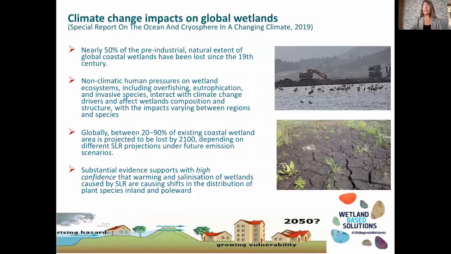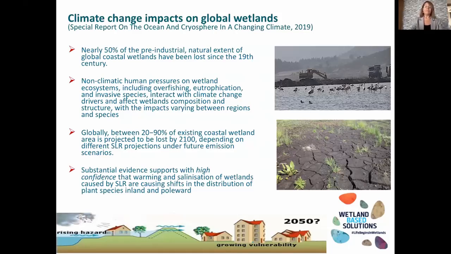Qu'en est-il des impacts du changement climatique sur les zones humides? Toujours d'après ce rapport spécial sur l'océan et la cryosphère, près de 50% de l'étendue naturelle pré-industrielle des zones humides côtières mondiales ont été perdues depuis le 19e siècle.